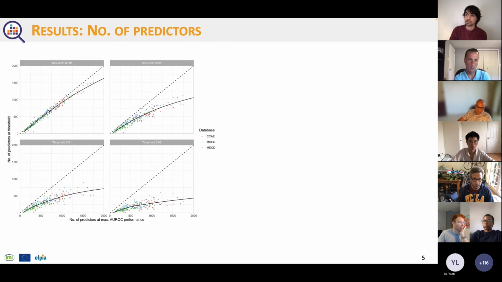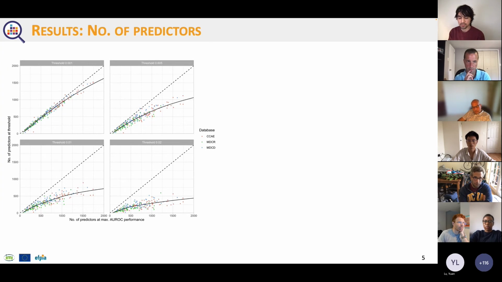Another thing we were interested in was the number of predictors. This is an interesting one because we are, in this case, only looking at logistic regression models, and for logistic regression models, you could approximate the model complexity based on the number of predictors in your model.